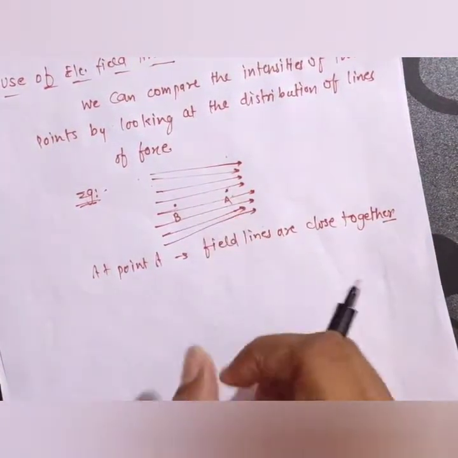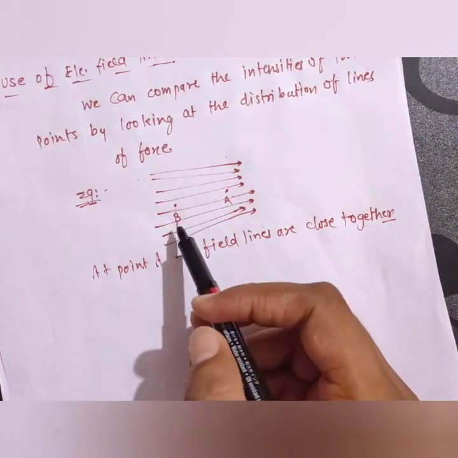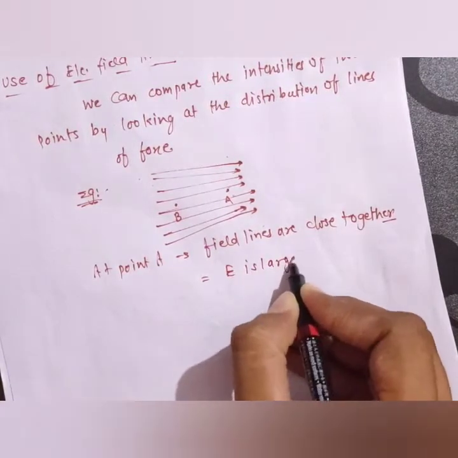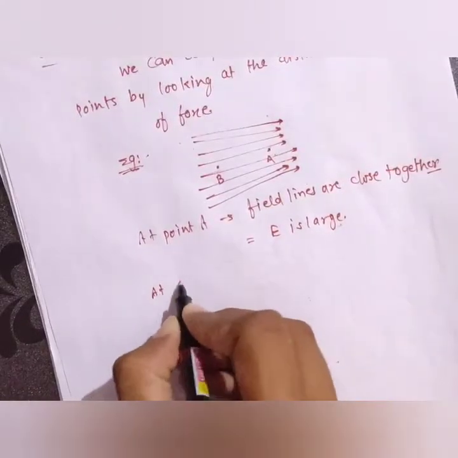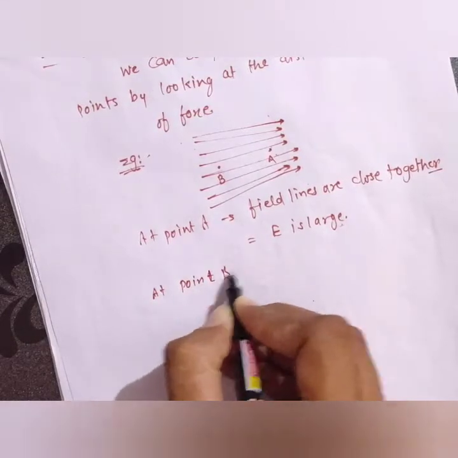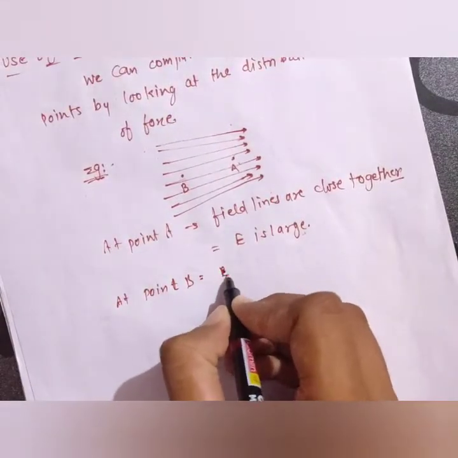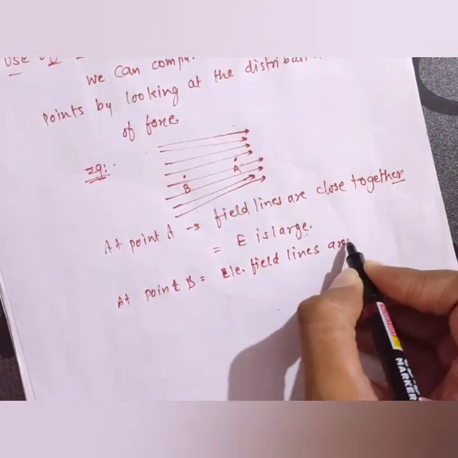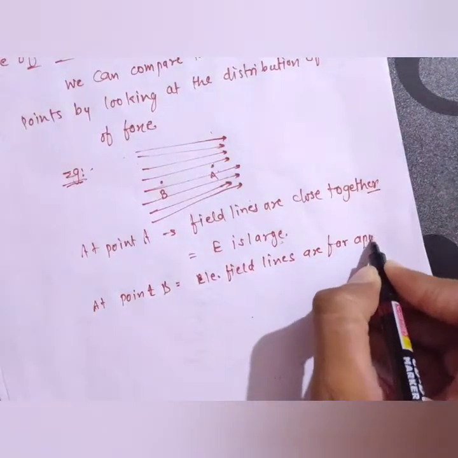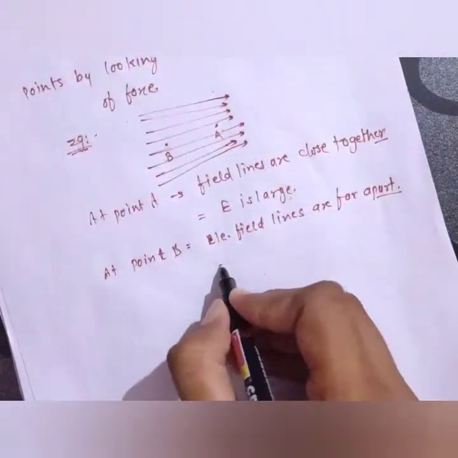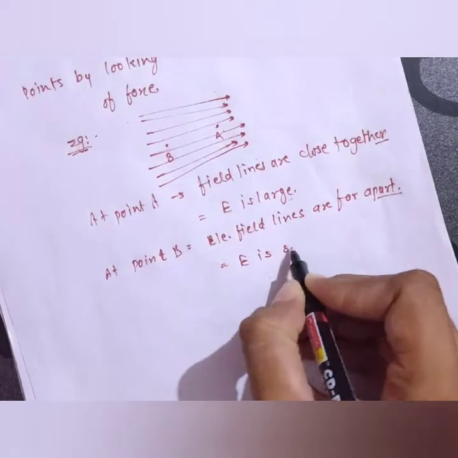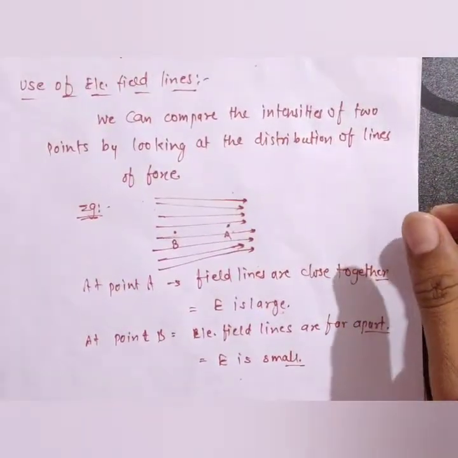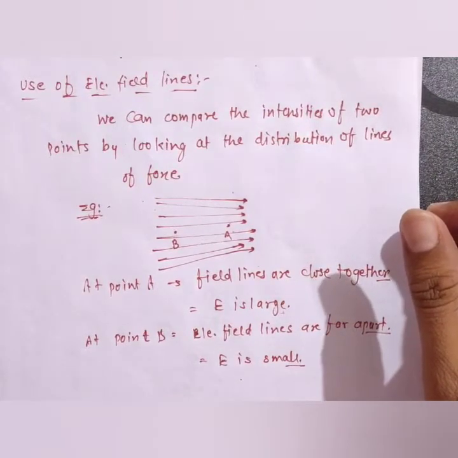At point A, the field lines are close together as compared to point B. So the electric field intensity is large at point A, and at point B, the electric field lines are far apart as compared to point A. So electric field intensity is small at point B. So this is the use of electric field lines. We can compare the intensities of 2 points by looking at the distribution of lines of force.